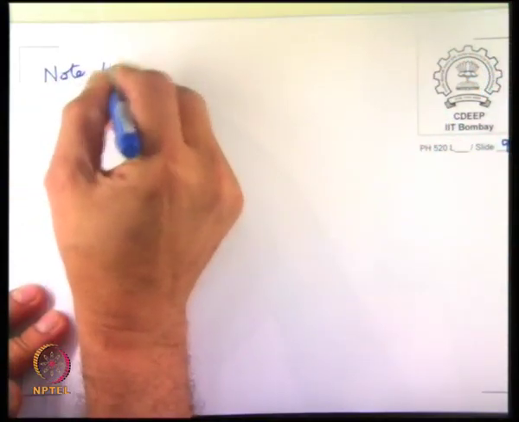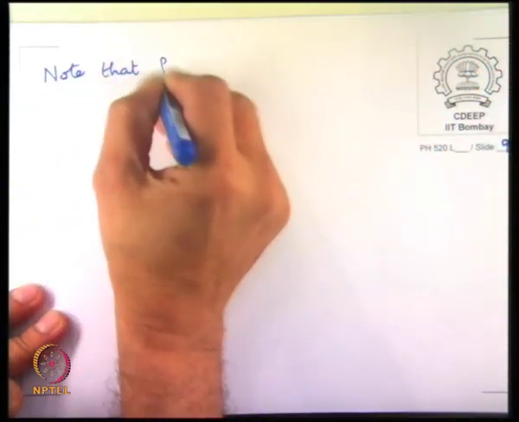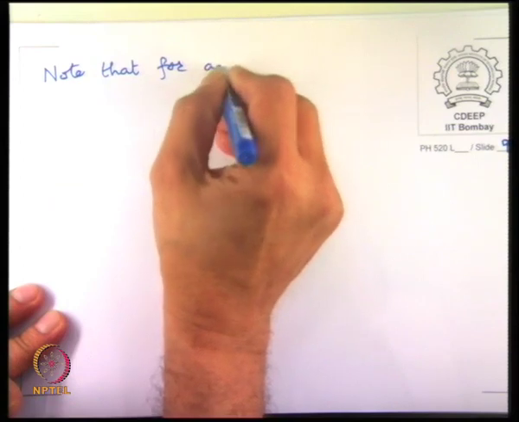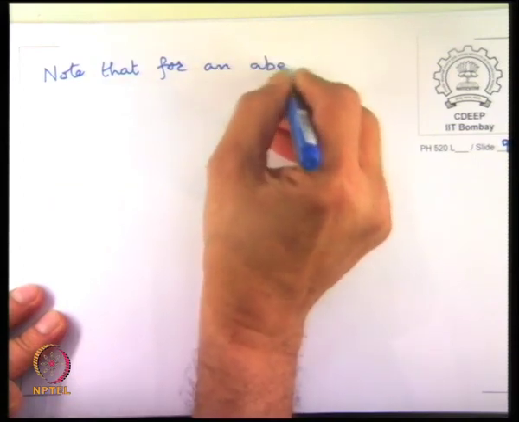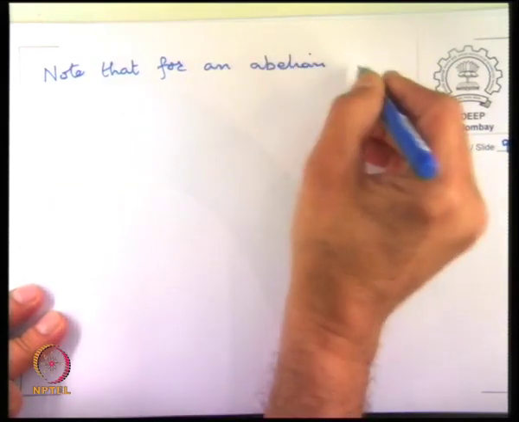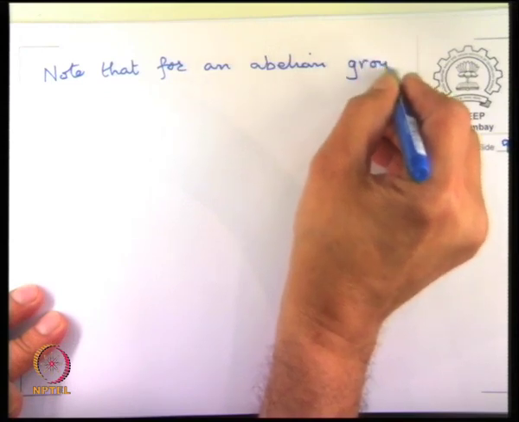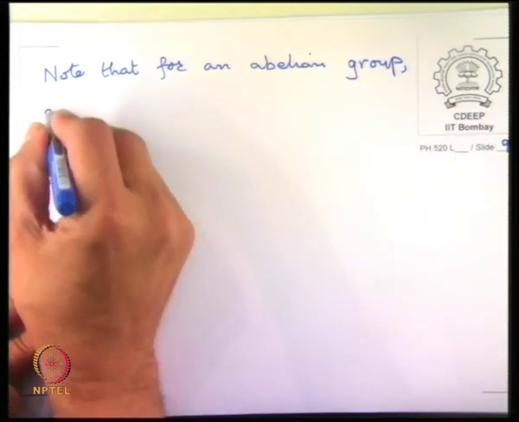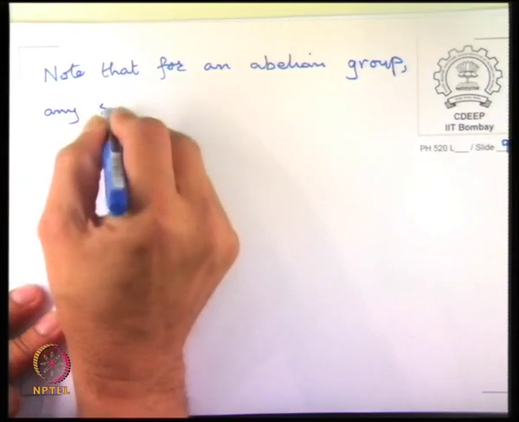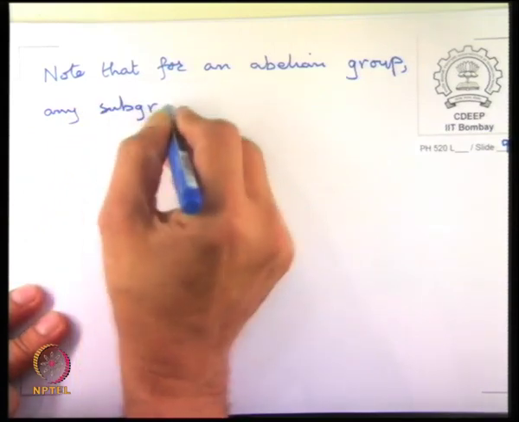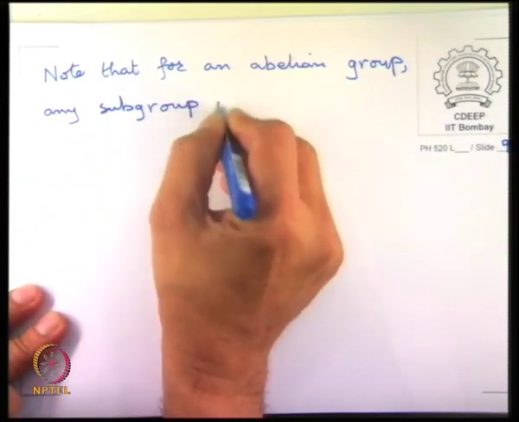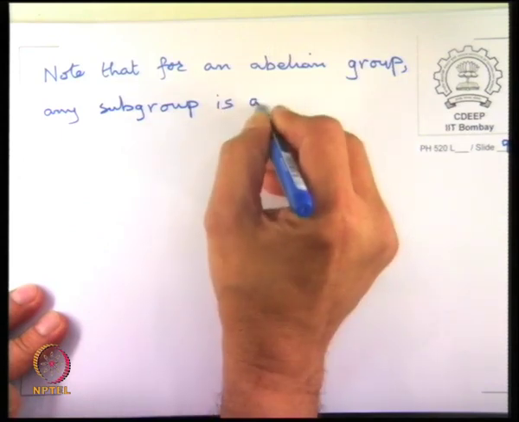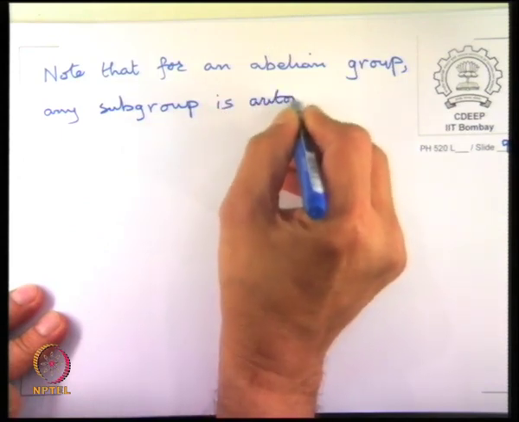because for an abelian group any subgroup is automatically normal or invariant.